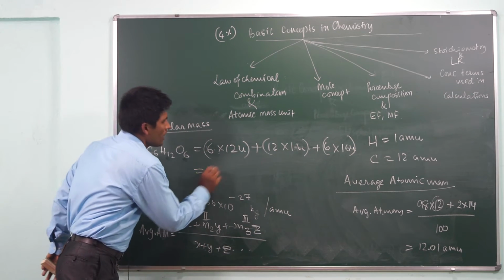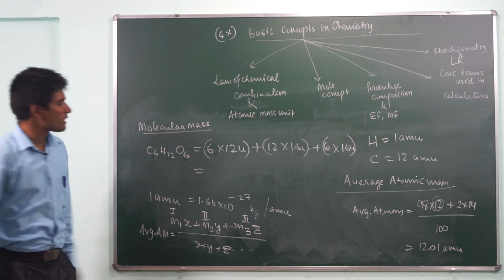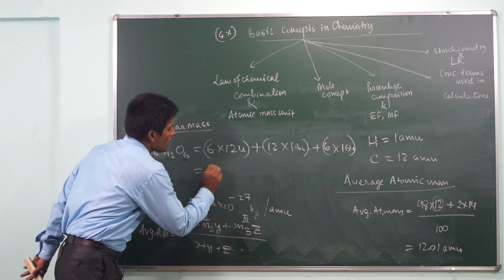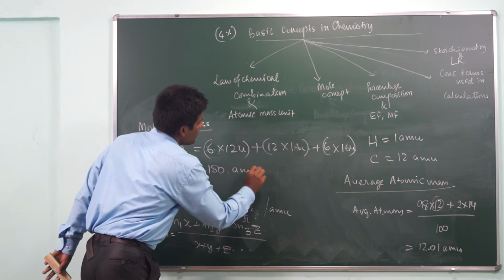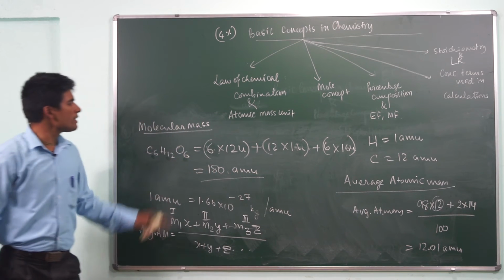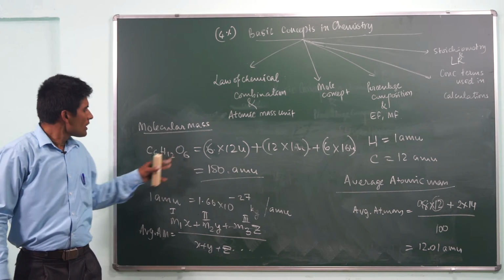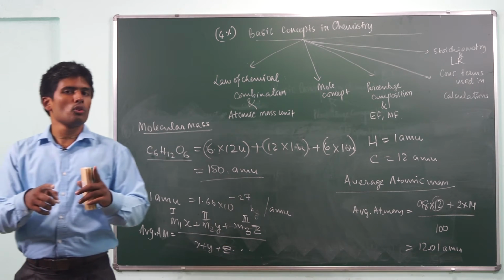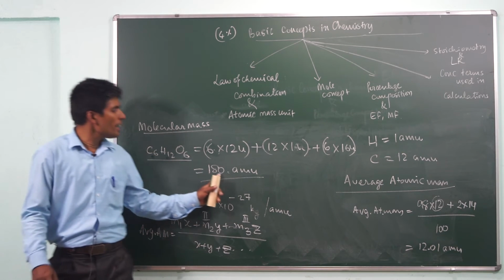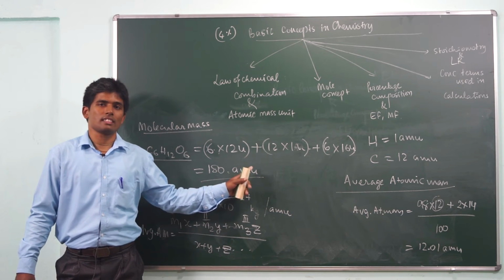So if I do the simple calculation and add it, it will give me 180 AMU. So this is going to be its molecular mass. So one molecule of glucose will have 180 AMU of mass.